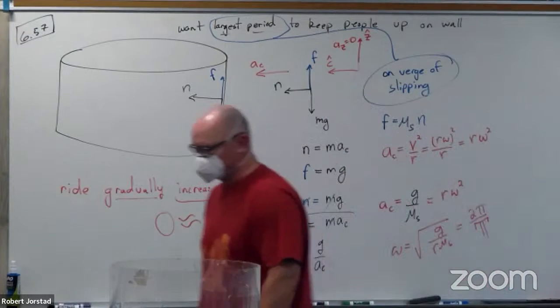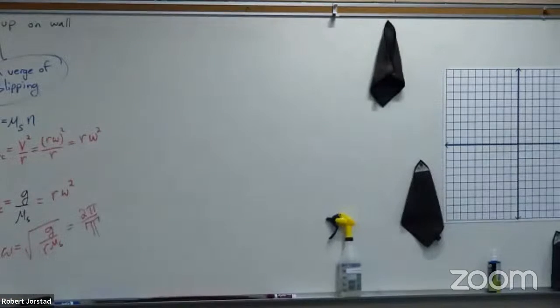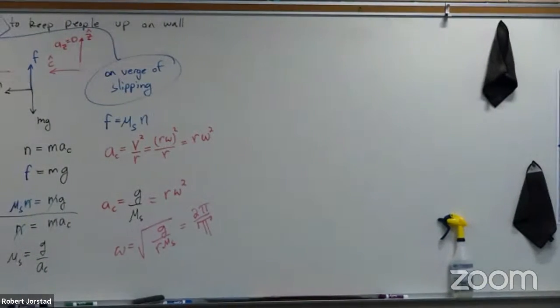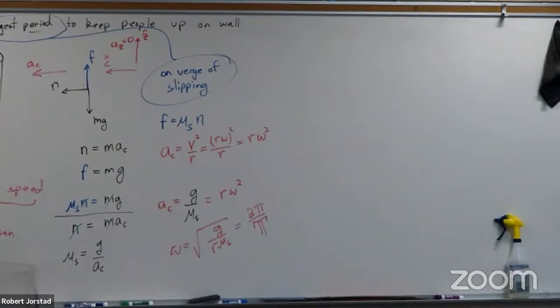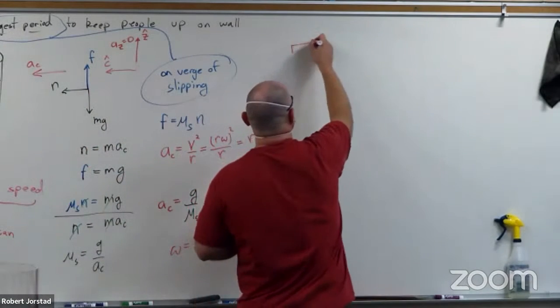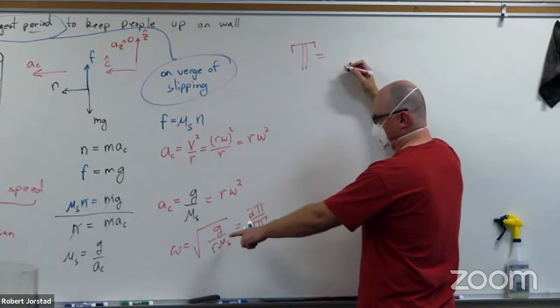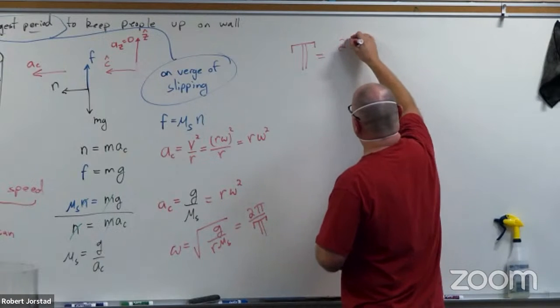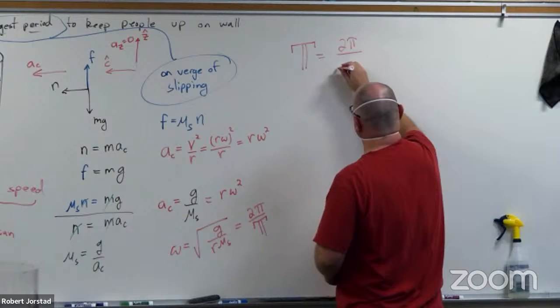Let's actually plug in some numbers for once. So just keep it going here. We've got the period. That seems silly, but let's solve for it. Period is equal to 2 pi over the square root, right?